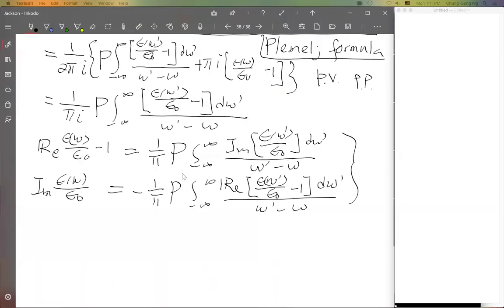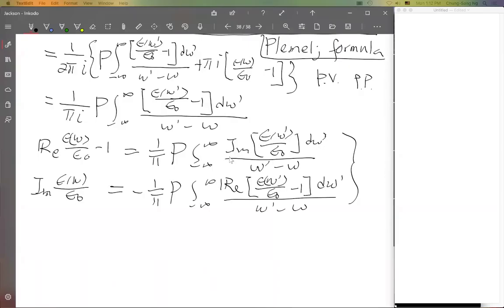So what this relation is saying is that for a medium that has absolutely no absorption over all frequencies, if you assume there's a medium that does not absorb any electromagnetic wave, for all frequencies of the wave, the absorption is absolutely 0.